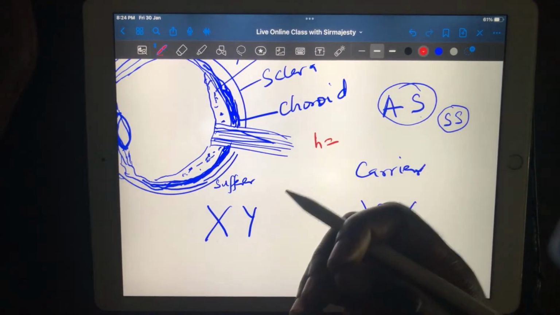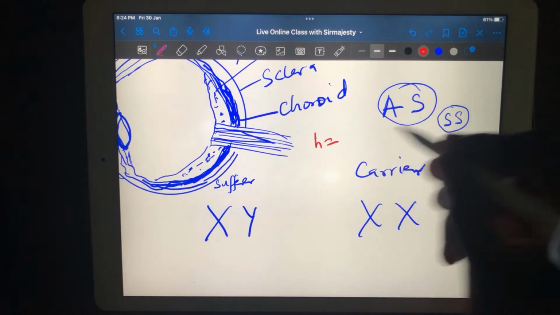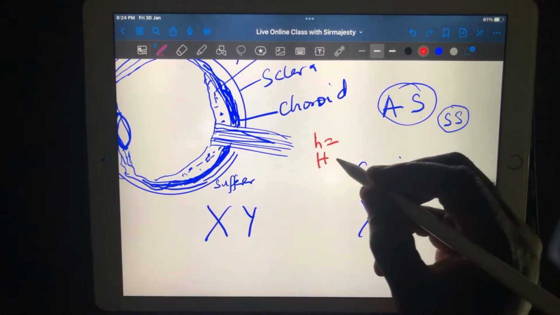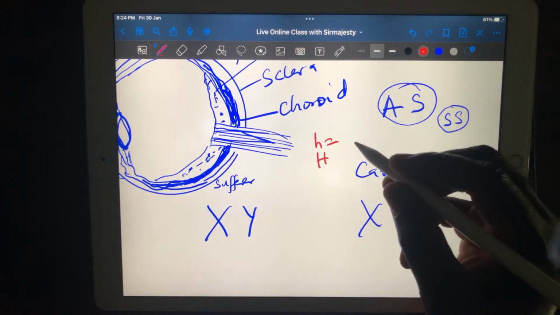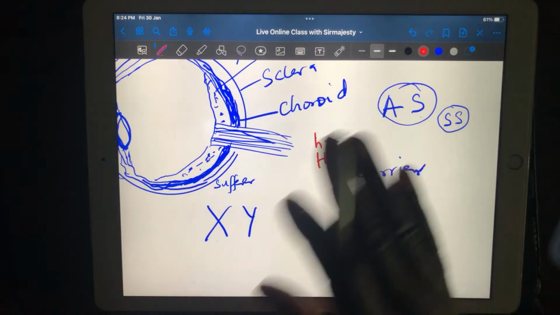Hemophilia. Small cuts will lead to long or excessive bleeding. That is what we mean by hemophilia. So small h should be for the hemophilic gene, defective. Then capital H is for normal blood clotting.